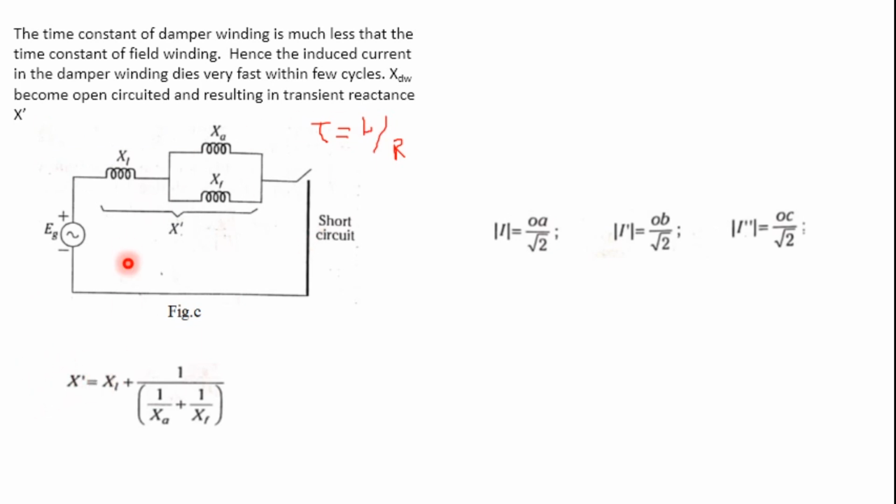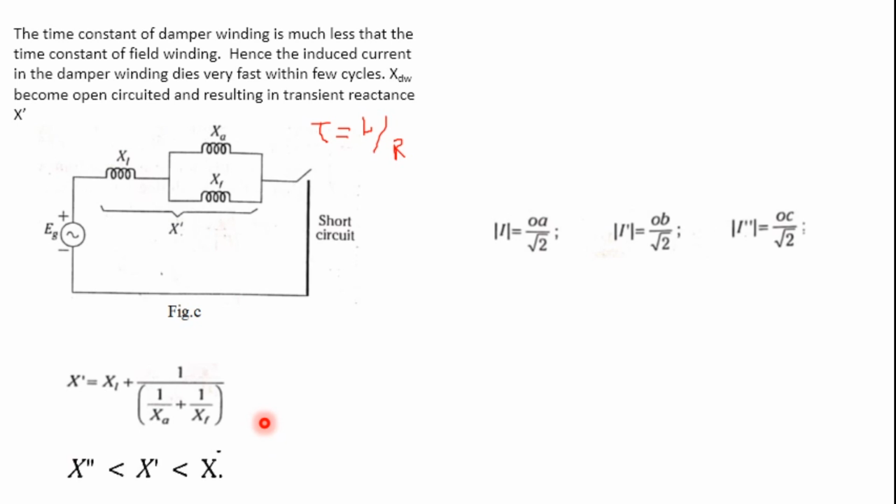So XdW being short circuited means it is very small, hence this branch is open circuit. XA is in parallel with the field winding reactance, along with the leakage reactance. So X dash becomes XL plus 1 divided by (1/XA plus 1/XF).